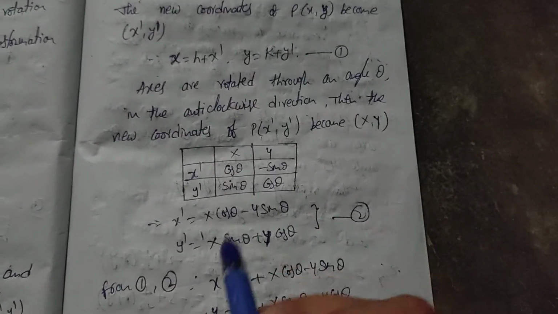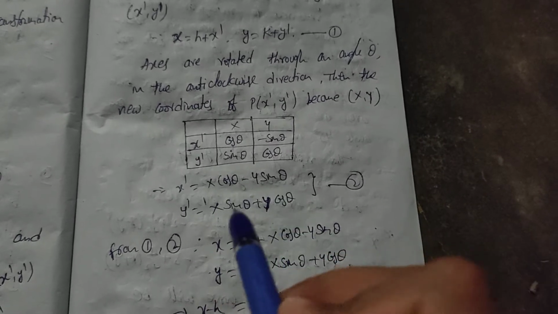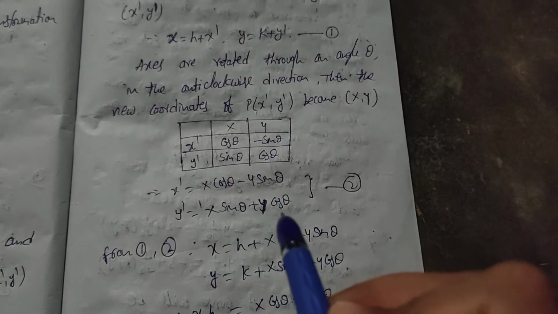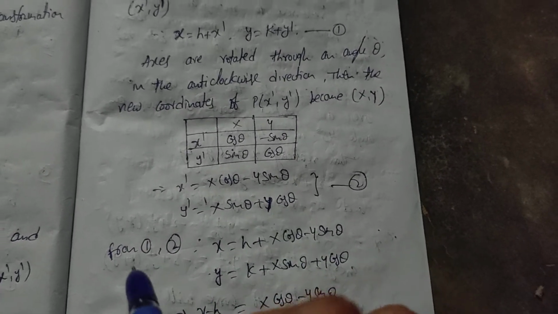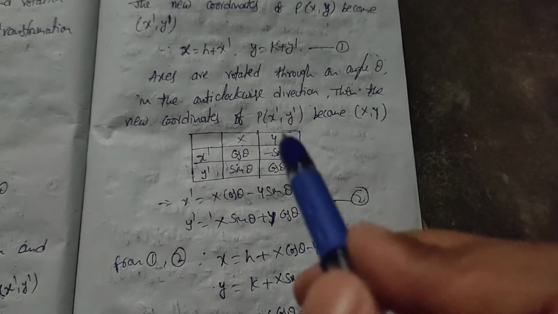Similarly, we can prove the remaining set. So that means here x' is equal to x cos theta minus y sin theta, y' is equal to x sin theta plus y cos theta. Already I told you, from 1 and 2 we can get a relation.